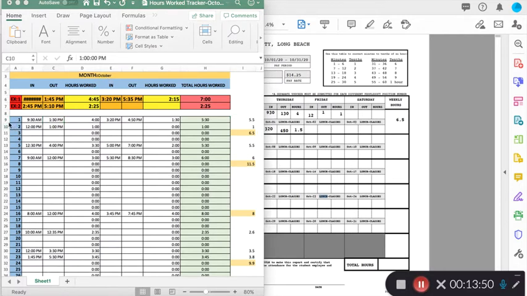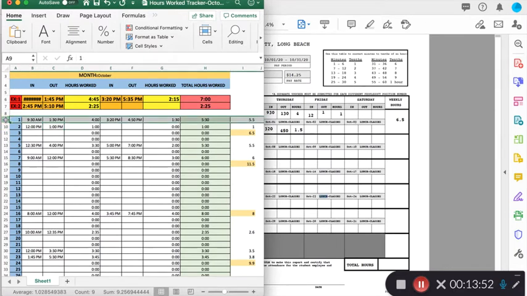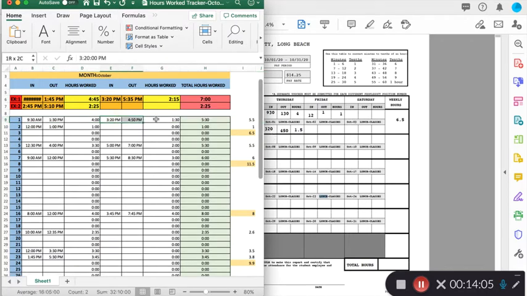Alrighty, so I have fixed this so there's no confusion and we're all on the same page. So this October 1st, I worked from 9:30 to 1:30. So as you can see, I have 4 hours right here, and then from 3:20 to 4:50. As you can see right here, that's an hour and a half. So the way the timesheet wants you to track it is they don't want you to include the minutes. They want you to convert those minutes in tenths.